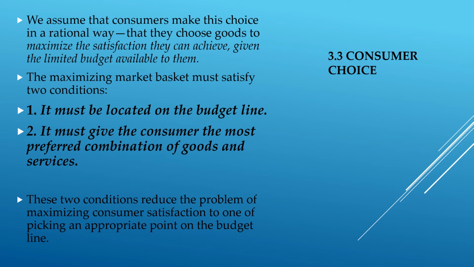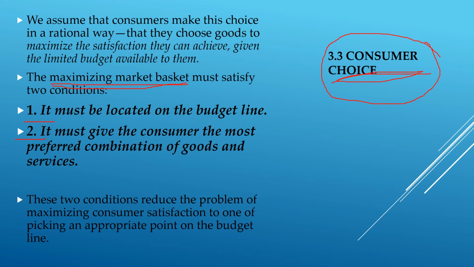Another one is that the third part of the concept of consumer preferences deals with the optimum combination, the consumer's choice given our budget line and given our indifference curve, and that is what we call the maximization of the market basket. Remember that in order for us to maximize our market basket, we have to reach these two goals.